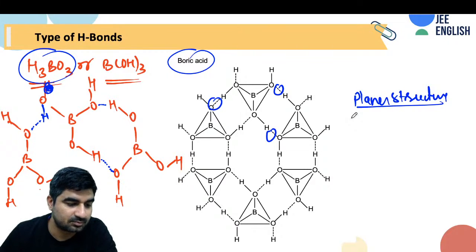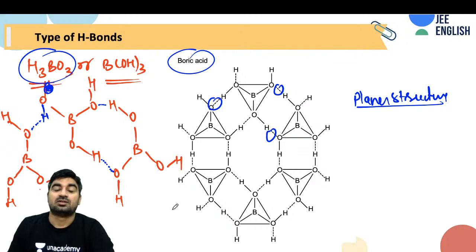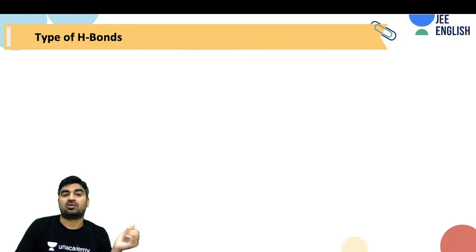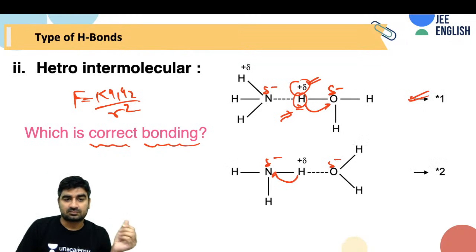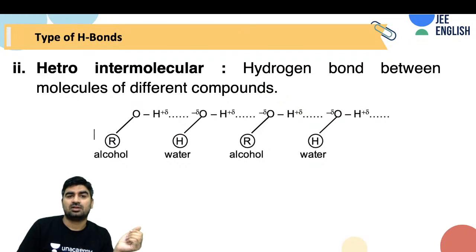Got it? So now you can observe it. This is also a case of intermolecular hydrogen bonding. Homo is done, so hetero intermolecular, there is one more case.